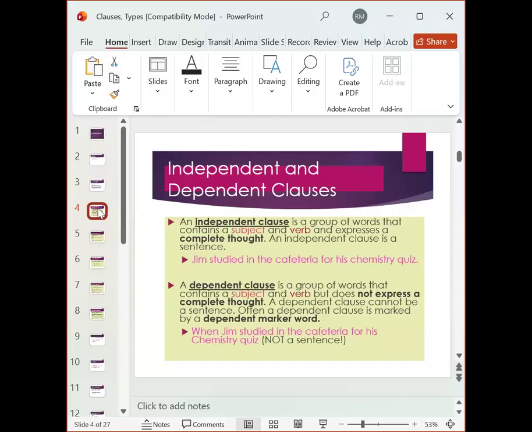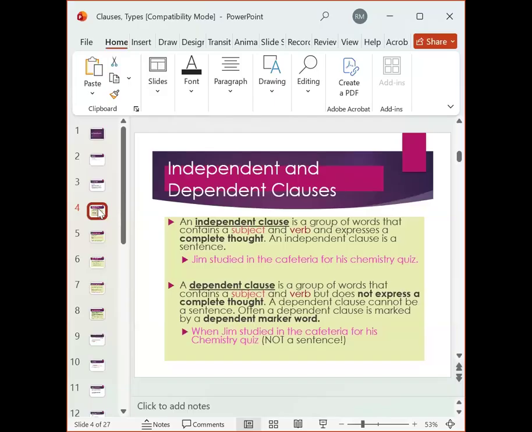So the dependent clause, as the name suggests, needs another clause to depend on for the meaning to be complete. When you write your essays, your letters, your reports, and all the things you'll be writing, you have to check to make sure that your sentences are complete in thought. And that is why we are learning all these things.